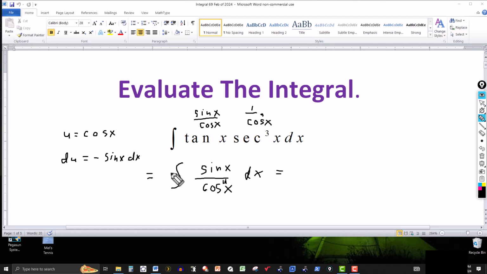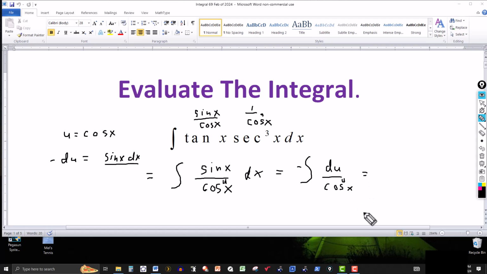So for this particular case, notice I have sine of x dx here, and there's sine of x dx there. So I can say that sine of x dx, multiplied through by a negative here, will be a positive on this side and a negative over here. So the sine x dx is replaced by minus du. I'll put the minus out here, and this will be du, over cosine to the fourth of x.